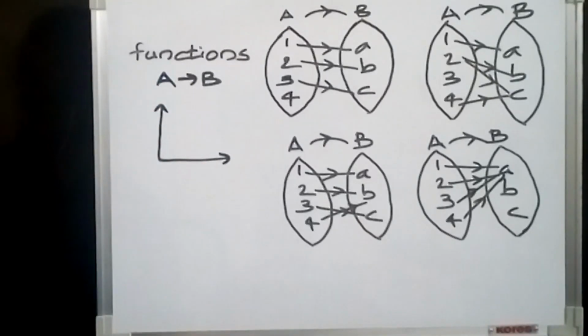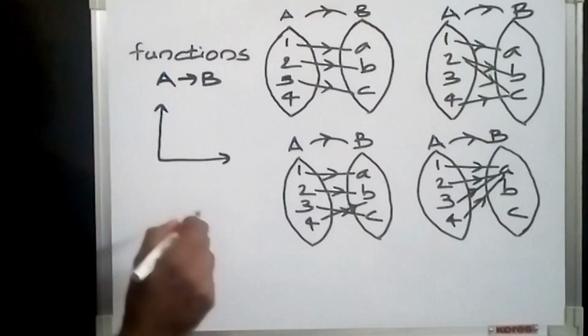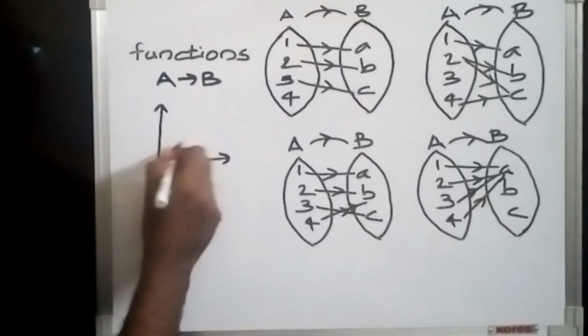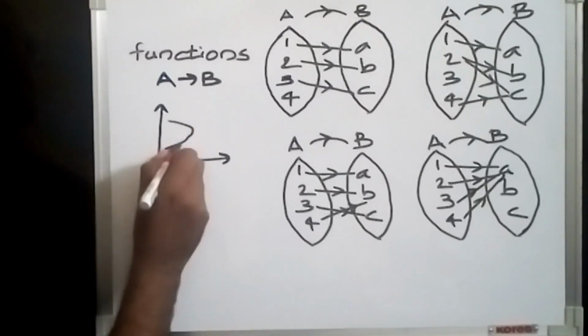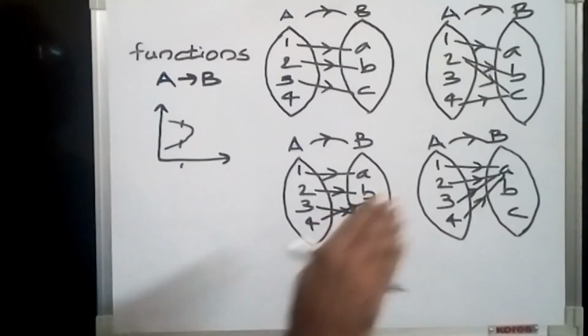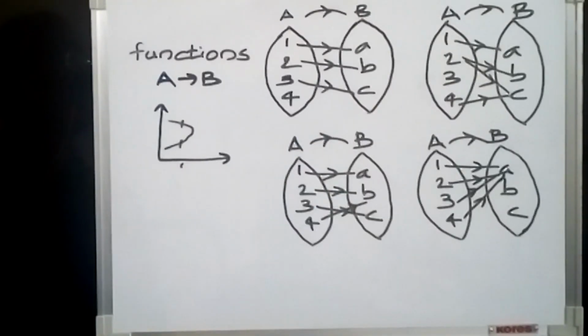A car cannot take two positions at the same time. Therefore, this is a similar case and the second relation is not a function.